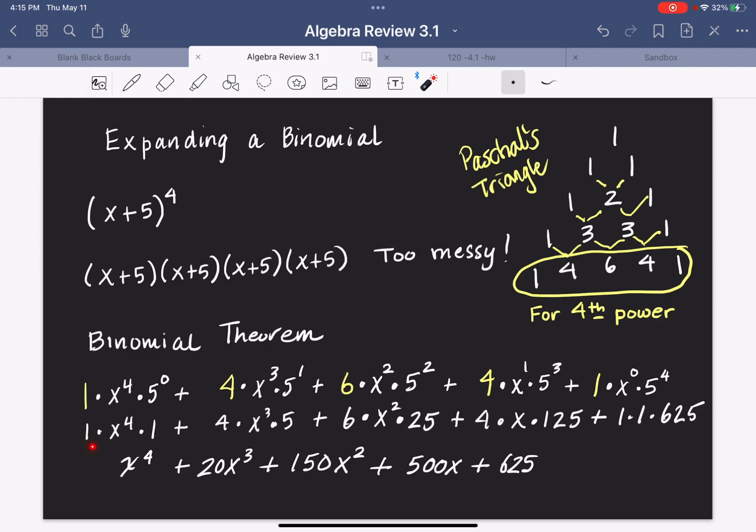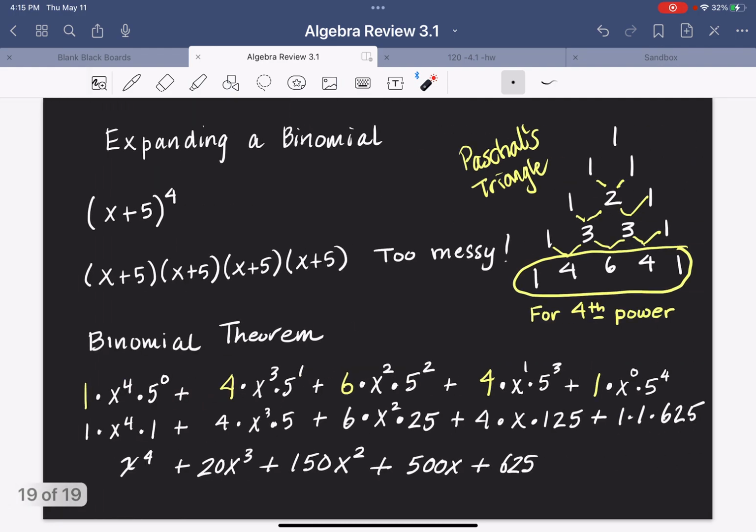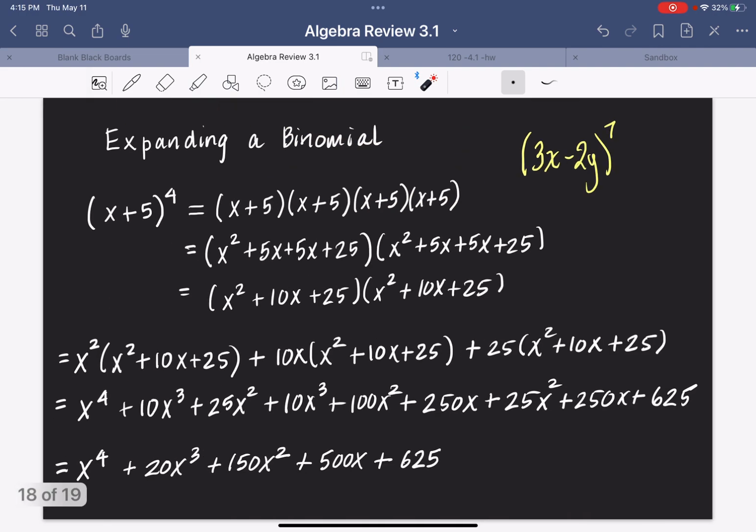Now I'll multiply these together. 1 times x to the 4th times 1 gives me x to the fourth. Remember, over here we had x to the fourth. For the second term, 4 times 5 is 20, x to the third. So just like here, 20x to the third.